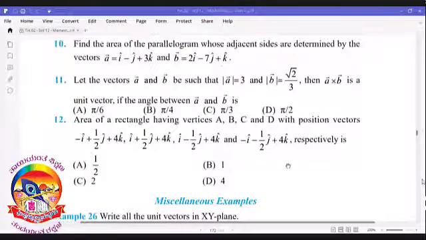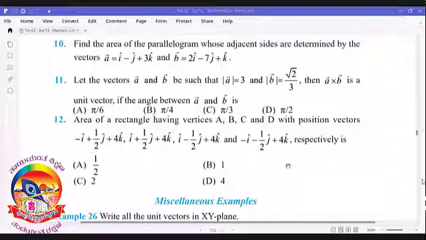The area of parallelogram whose adjacent sides are determined by A bar is equal to I minus J plus 3K. A bar is equal to I bar minus J bar plus 3K bar, given to you. B bar is equal to 2I minus 7J plus K, given to you.